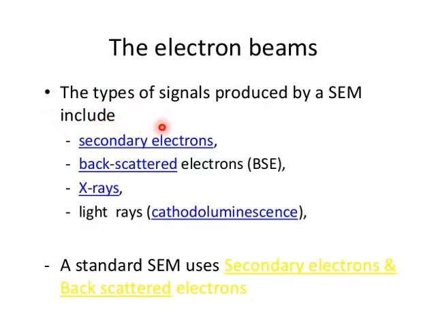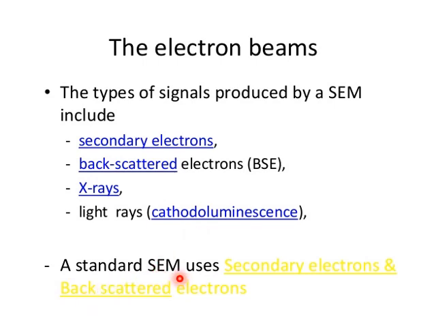The types of signals produced by scanning electron microscope include secondary electrons, backscattered electrons, X-rays and light rays, that is cathodoluminescence, where visible light photons are produced by luminescence if the material is luminescent.